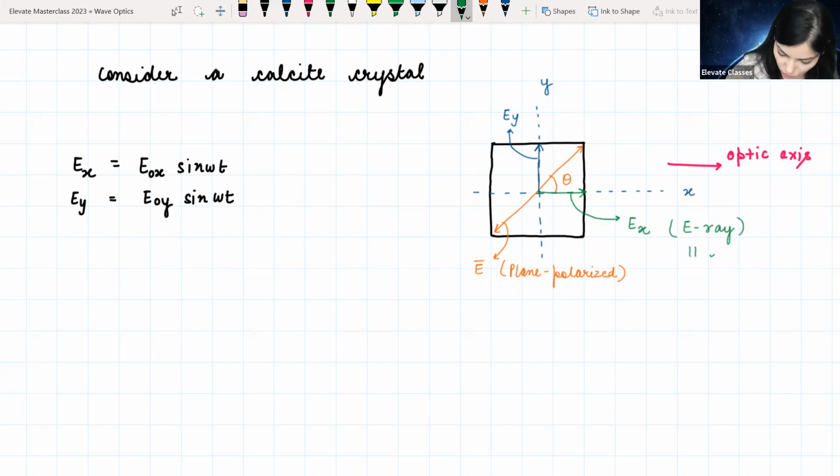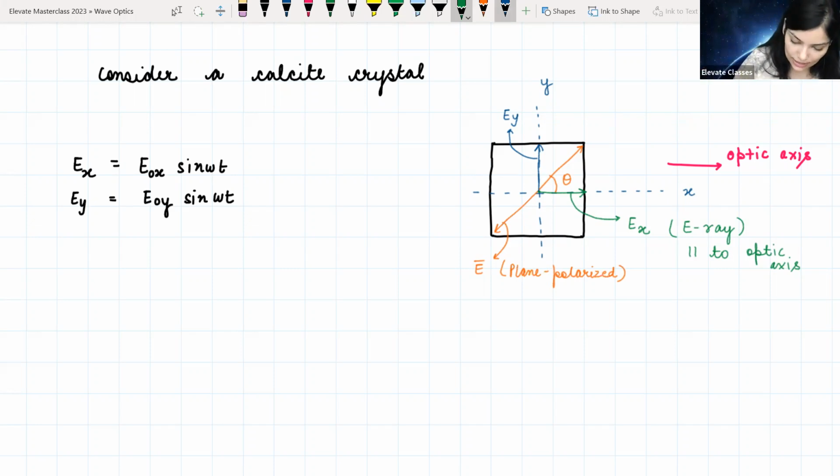Its vibration is parallel to the optic axis or the plane of incidence. The beam is falling like this. So it is sort of parallel. Optic axis is along the X axis. So I will say that this is my E ray, and the other one, the EY component, is perpendicular to the optic axis.